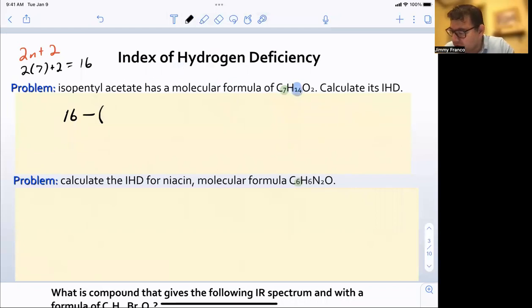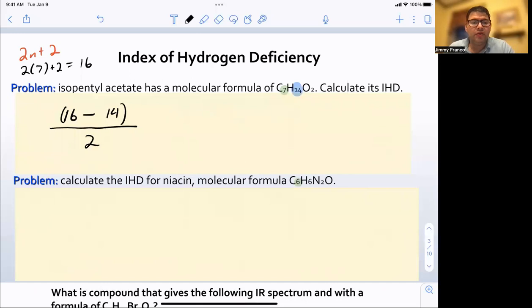So we'll put our 14 in here. And then if we look at this, we don't have to do anything for oxygen, so we're actually all set. So I'm going to go ahead and erase this parentheses because it kind of makes it silly to do it if there's nothing there. So now it's going to be in parentheses because we want to do that first and then put this all over 2.